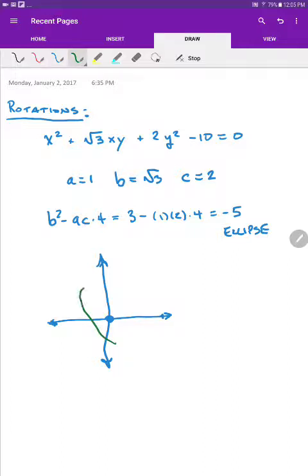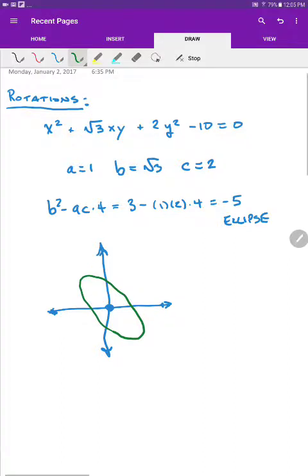This ellipse is going to end up looking something like this in a rotated fashion. Its major and minor axes don't match up with the x and y axis. So in essence, this is like a new x-axis here, and it has been rotated by some angle theta.